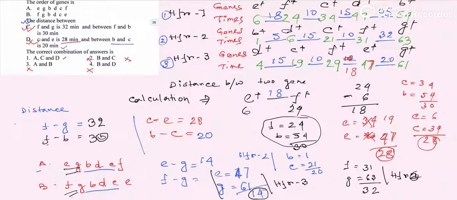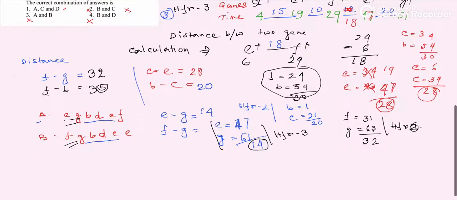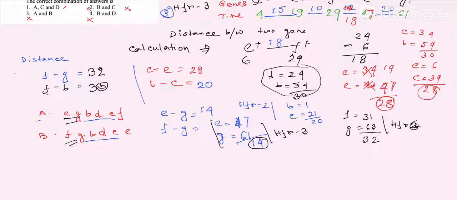And lastly, we have to find the distance between C and F, and between C and E, and what the distance of C and F and of C and E should be.